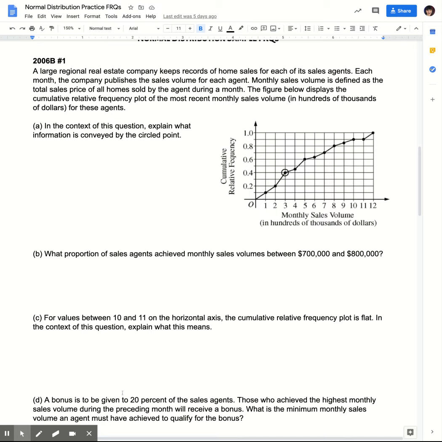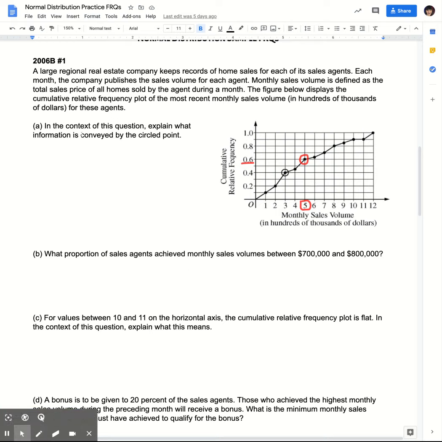For example, this point right here, which is at a 0.6 for cumulative relative frequency, means that 60% of their sales agents sold $500,000 or less. Another way you can think about this is that 500,000 is the 60th percentile for their agents.